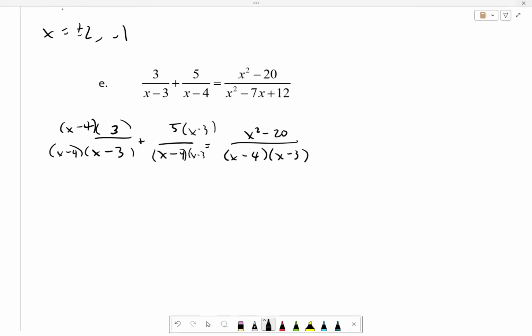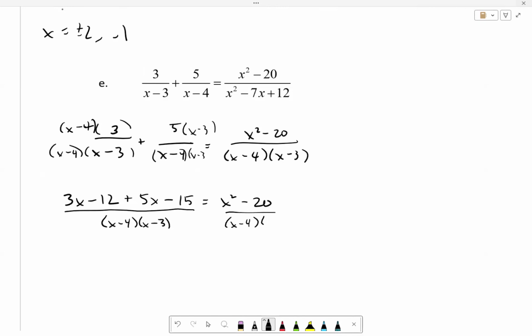So this first one is 3x - 12, and then plus 5x - 15 equals x^2 - 1. And then you know, all of these fractions.